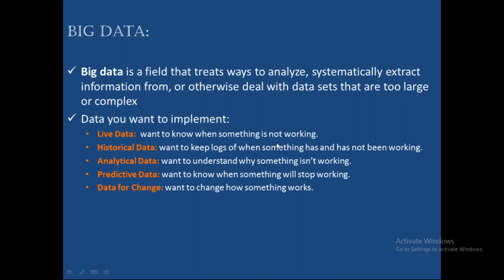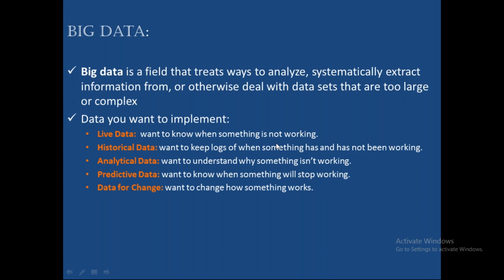Next, predictive data. So now you understood why it is not working currently. In history, do we have any time when it was not working? Okay, we got some data points. Then we also understood the root cause analysis. Maybe in the past some issue came and you fixed it.